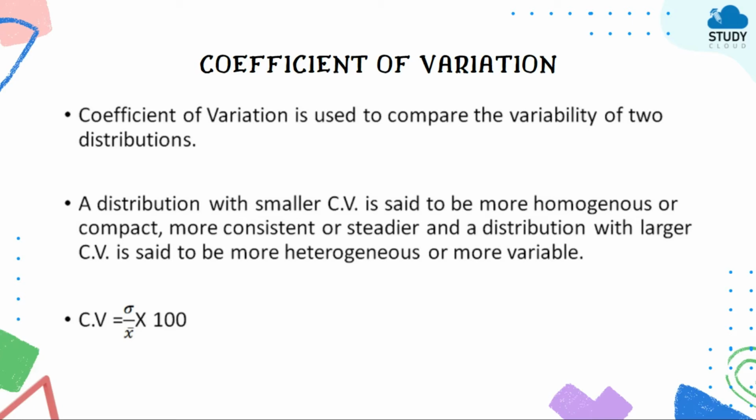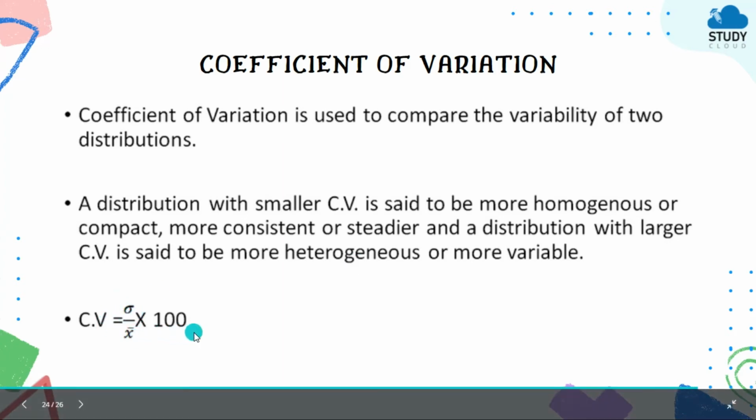So a distribution with a smaller coefficient of variation is said to be more homogeneous or compact, means there is not much change here, there is not much differentiation, it is more consistent or steadier. And a distribution with a larger CV will be more heterogeneous, means it will be more different from one another, or more variable, or we can say inconsistent. How to find CV? Standard deviation upon x bar into 100.